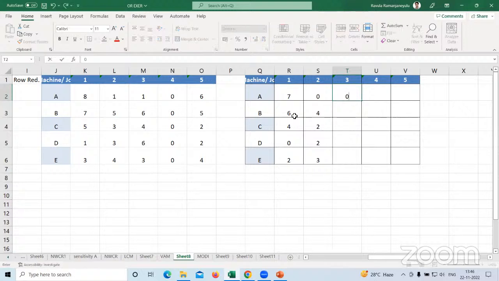That's 0. First row: 5, 3, 5. This is 0. Here the least value is 2. So 4, 3, 0.